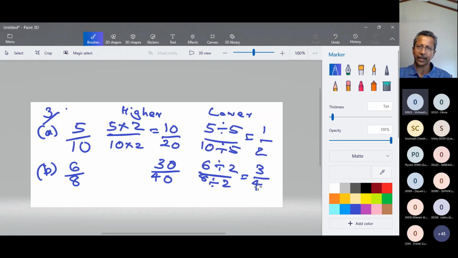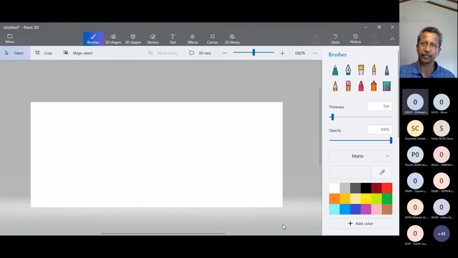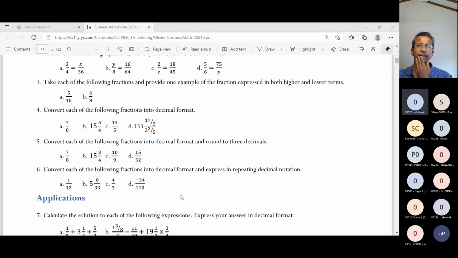First we'll get back to the book and look at the questions. Right. Number 4.